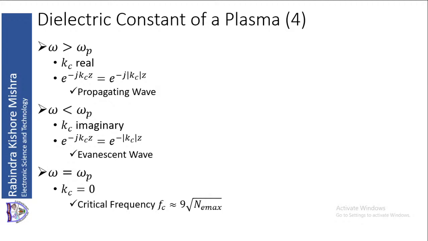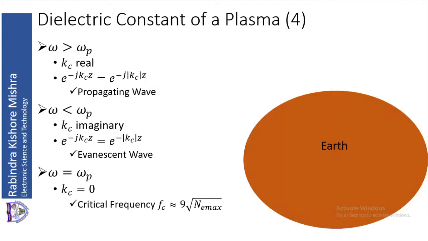At the critical frequency, the wave gets reflected back towards the Earth. Remember that omega c, or Fc, depends on the altitude, because the electron density is a function of the altitude. So from which altitude we are sending the radio wave will decide this Fc.